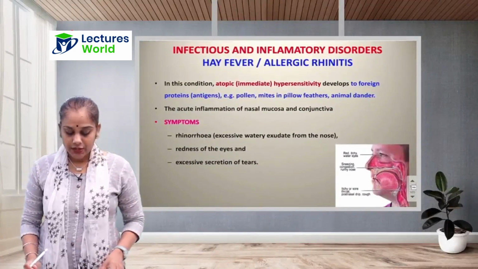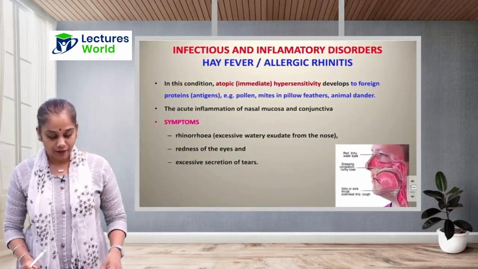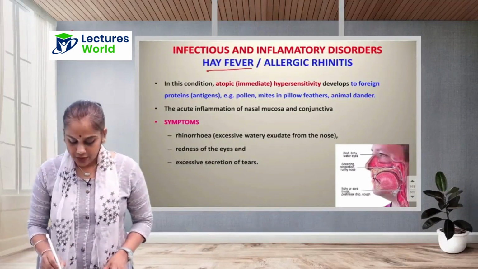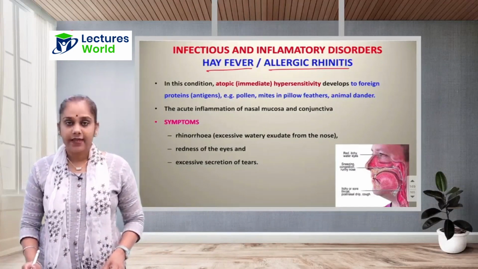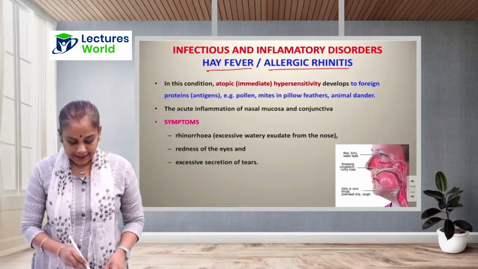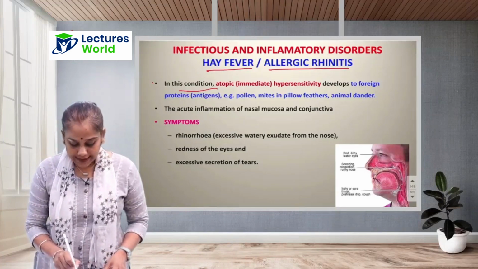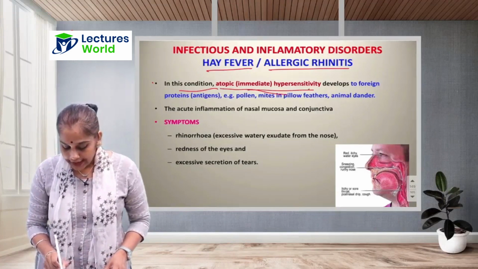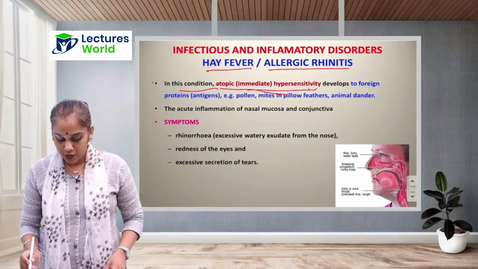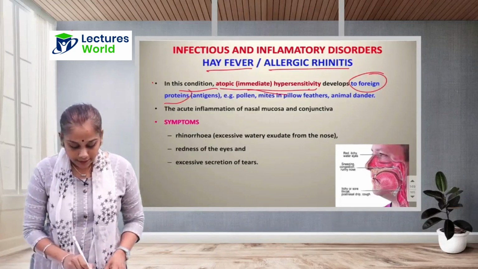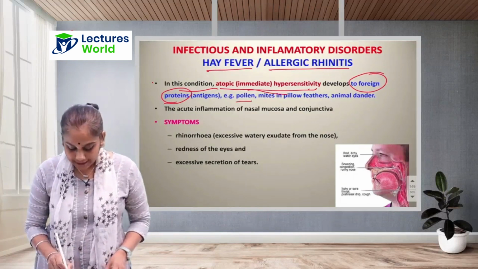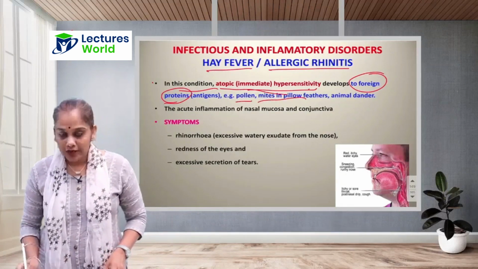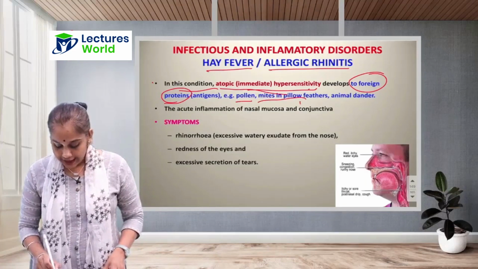Now into the infectious and inflammatory disorders: hay fever, or we can say allergic rhinitis. What is hay fever? What is allergic rhinitis? This condition means atopic or immediate hypersensitivity developed due to foreign proteins, or we can say antigens, like pollen, mites from the pillow, feathers, animal danders.